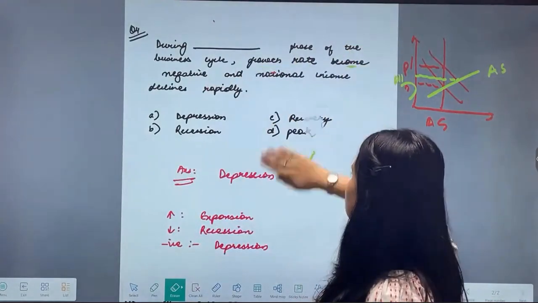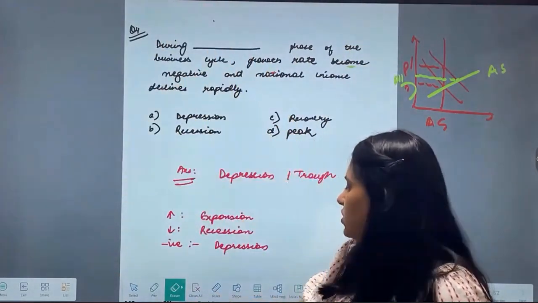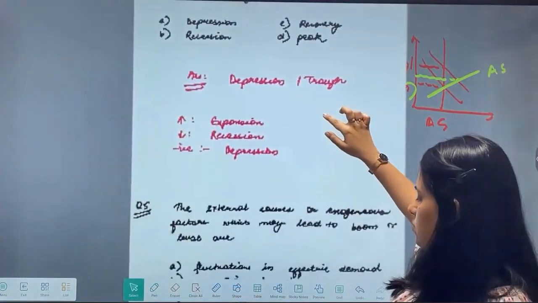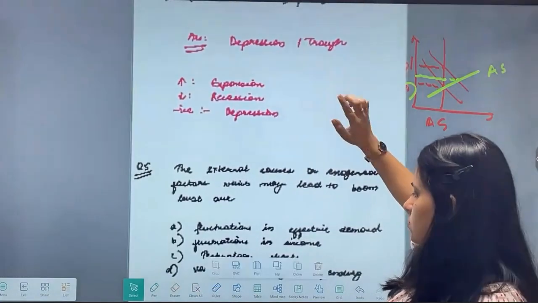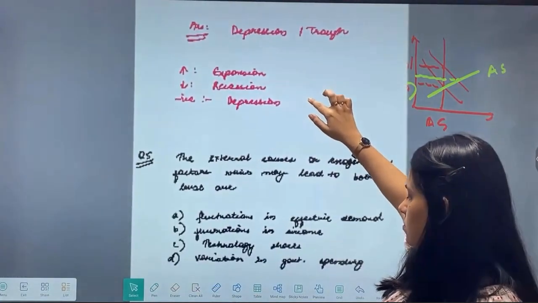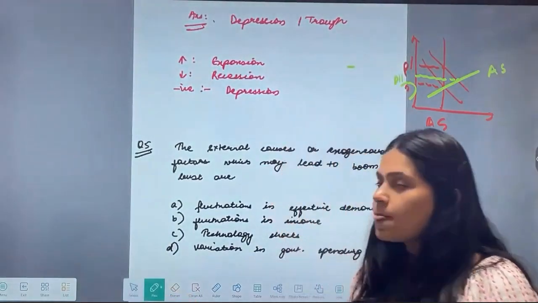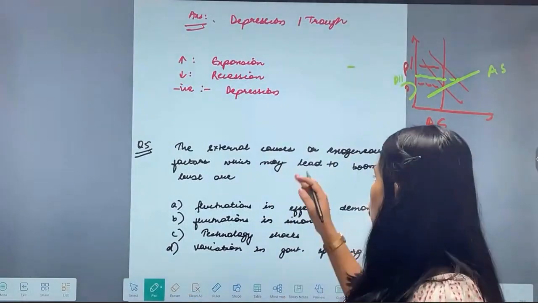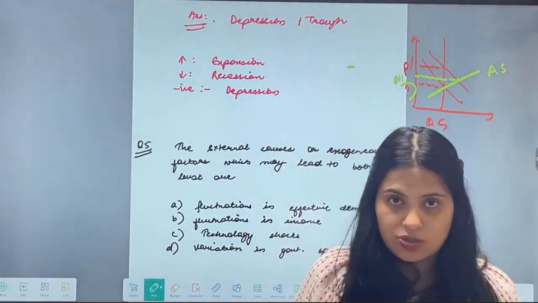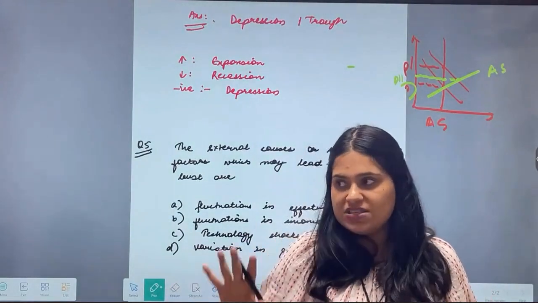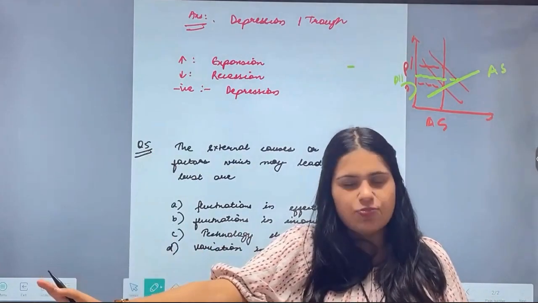So the next question that I have is the following. Okay, beta, this is my next question. The external causes, external means exogenous. So all of us know that there are two kinds of factors. One is exogenous, outside the model.